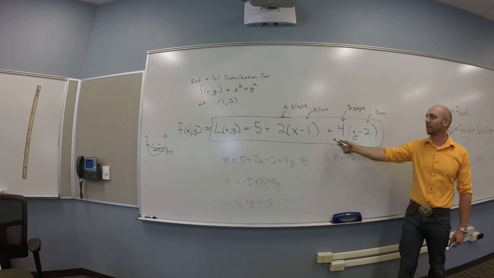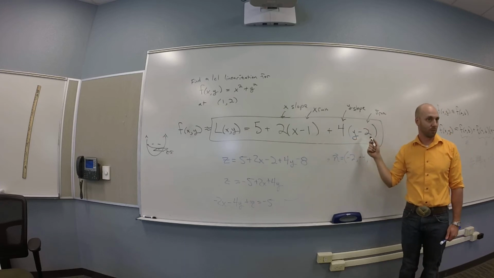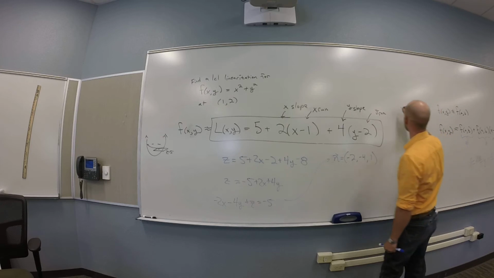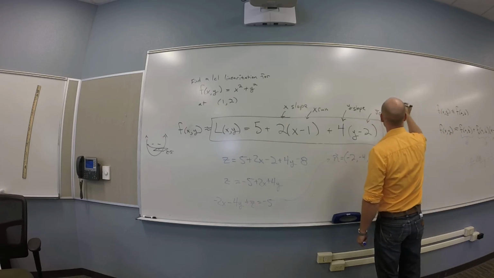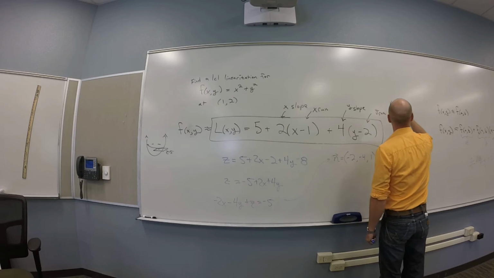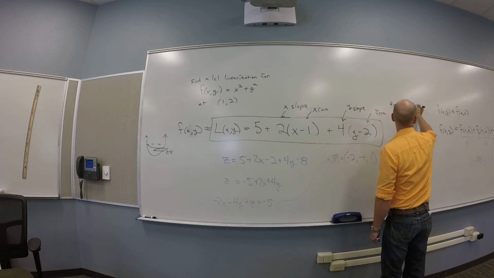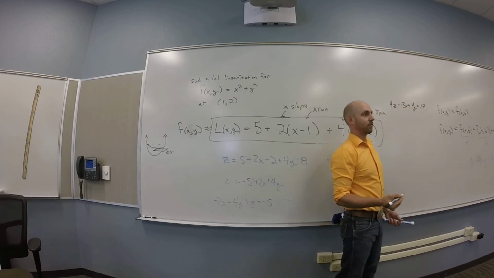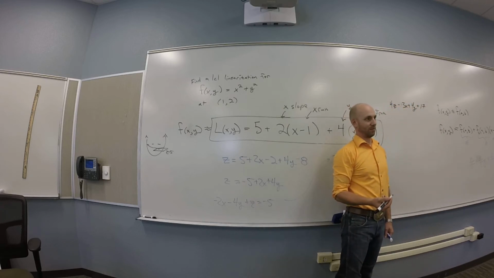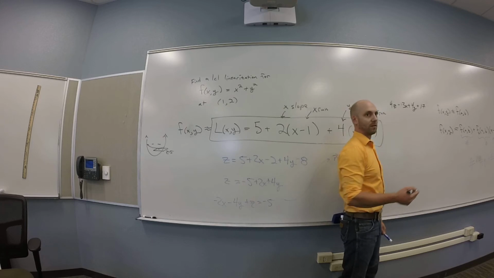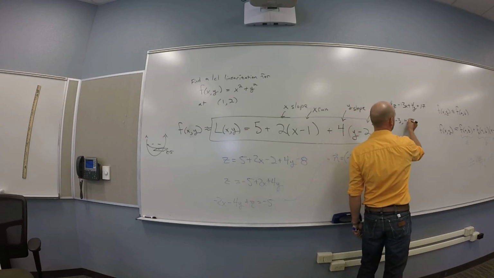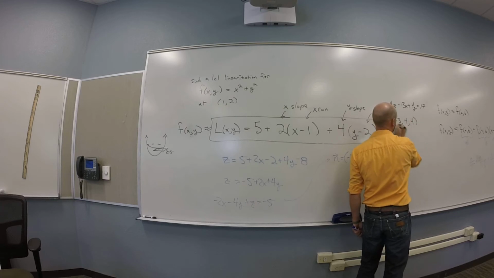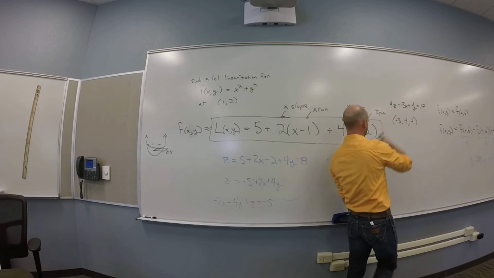Alternatively, we could solve for z and then write it like this to find the x slope and the y slope. You guys see that? It's the same process. So if someone told me that my tangent plane was 4z minus 3x plus 4y equals 17, right? What's your normal vector? You want to force the z to be 1. So I'd say my normal vector is (-3, 4, 4), right? And then I want to make it look like this.